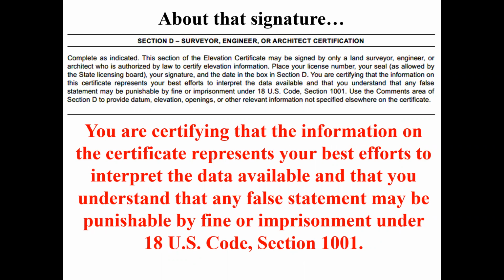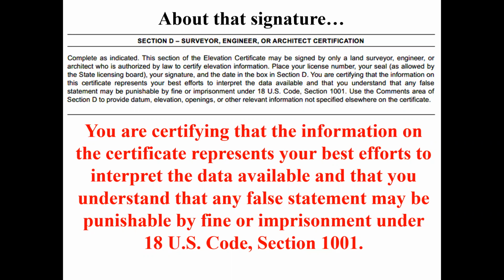And then they are signing and sealing this with their professional license, and so it's their best interpretation of the available data, and understanding that false statements could be punishable by law. So they are liable for this information.